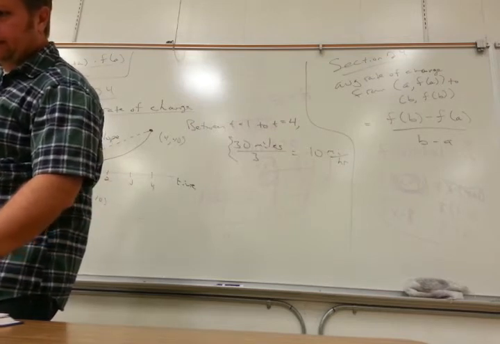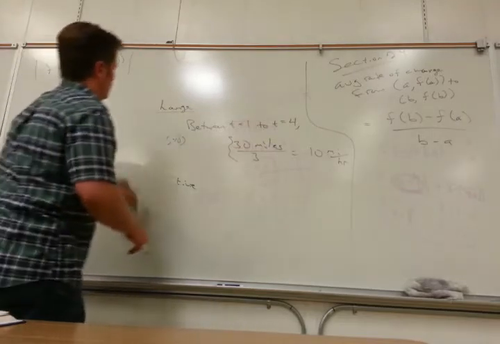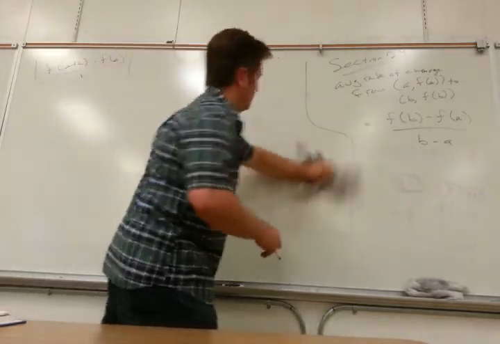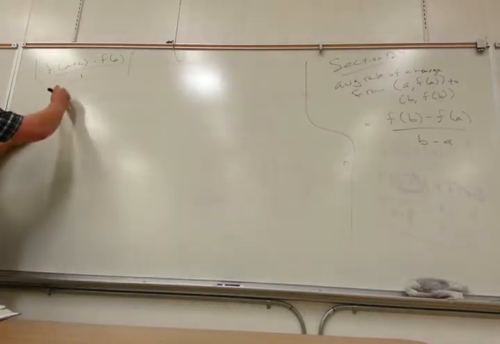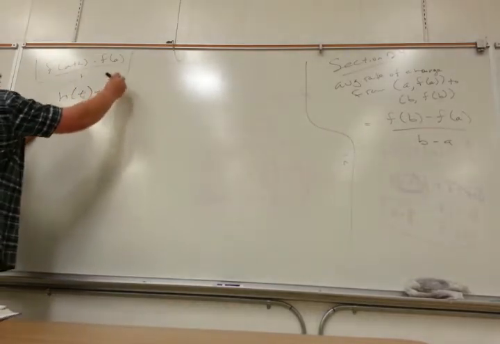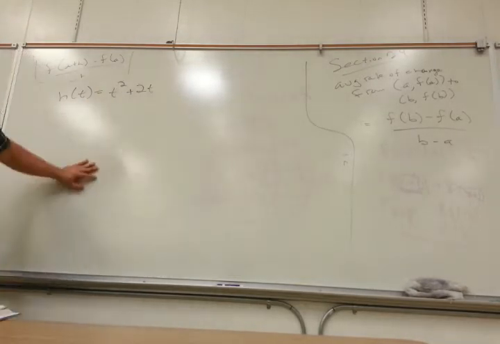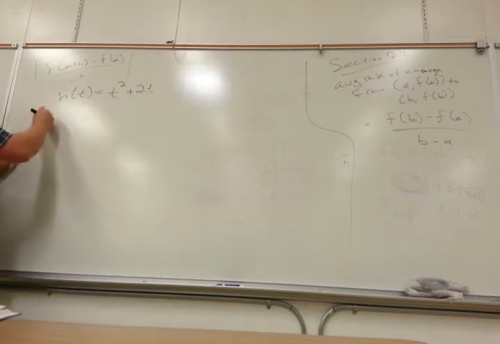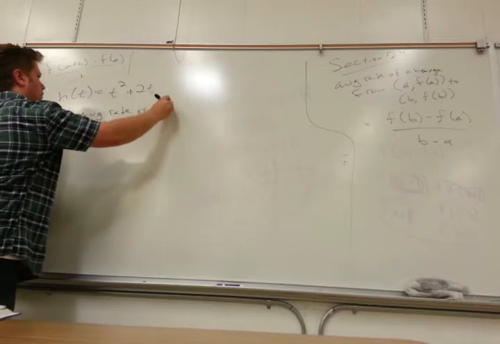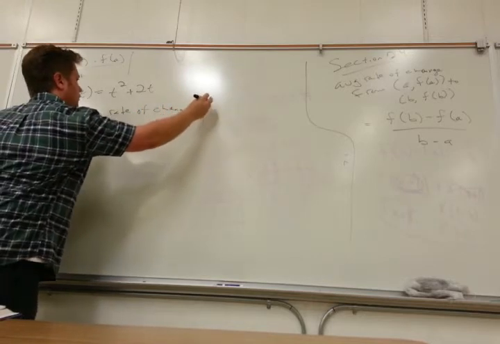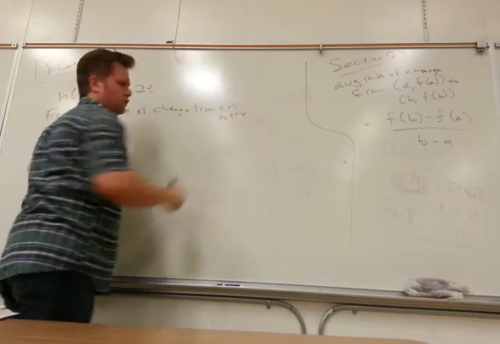So here's something that's a little more interesting. If they give you a function, let's do one like h of t, find the average rate of change from t equal to negative 1 to 4.